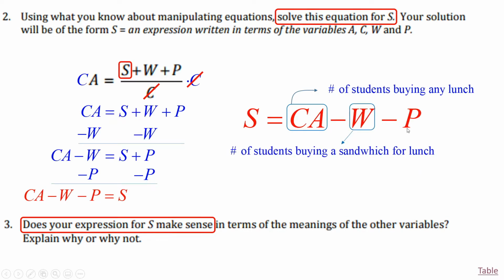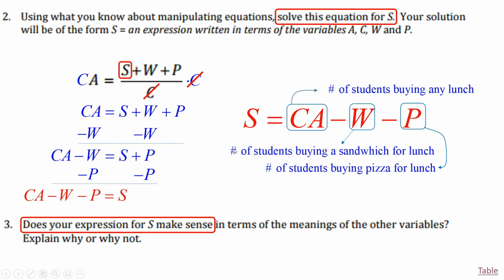And then isn't P the number of students buying a pizza for lunch? The number of students buying pizza for lunch, there we go. Now, what would that make S then? If I have the total students buying any lunch, minus the number of students that buy sandwich lunch, minus the number of students that buy pizza lunch.